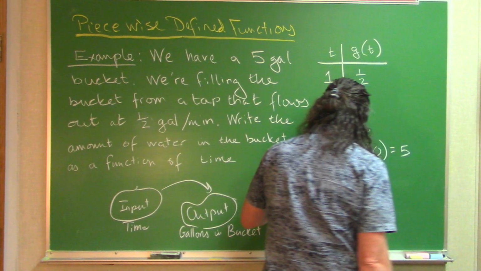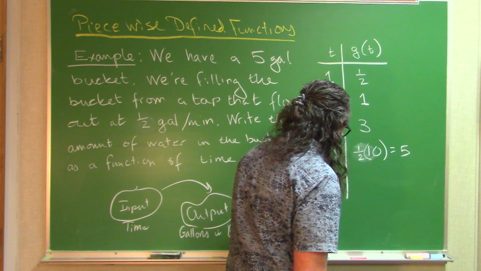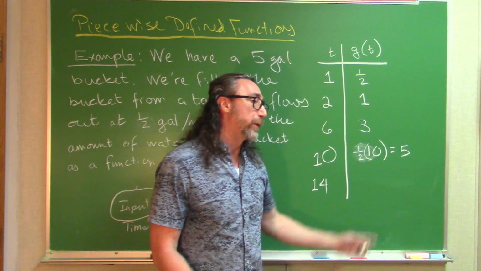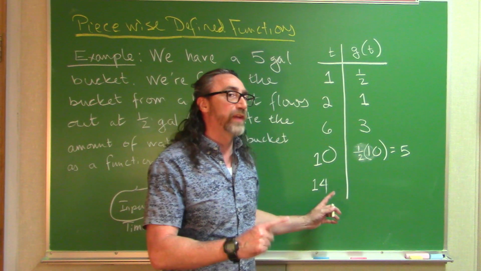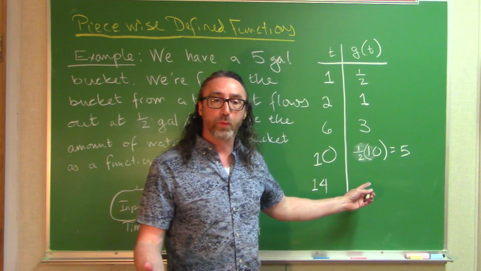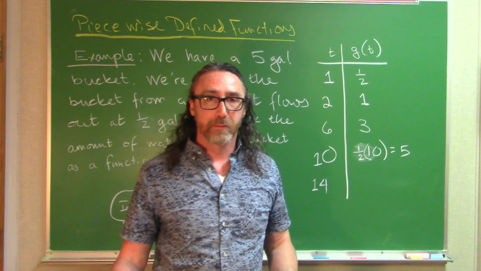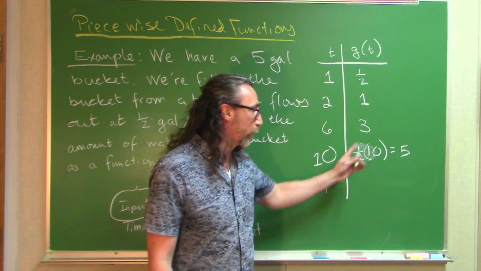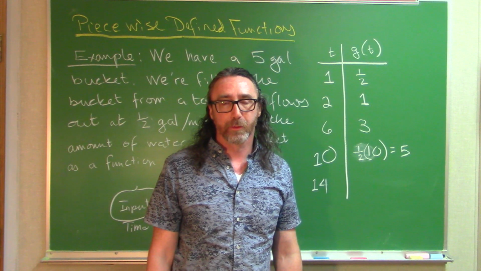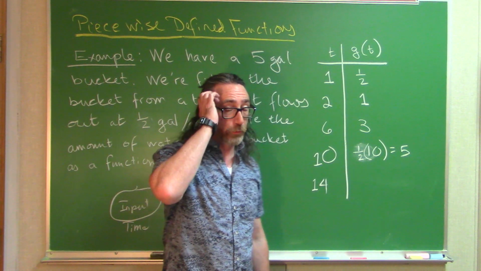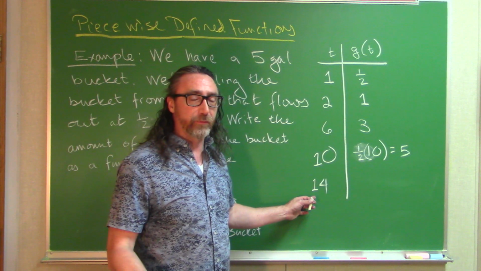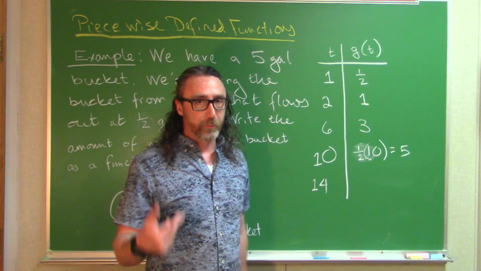If I let the water run for 14 minutes, some people might be tempted to say we'd have 7 gallons, because we just said the rule is you take 1/2 multiplied by the time. So 1/2 times 14 is 7 gallons.